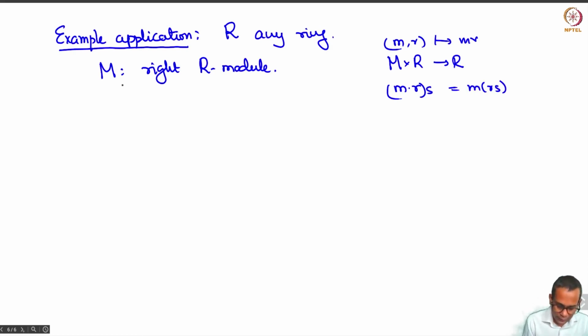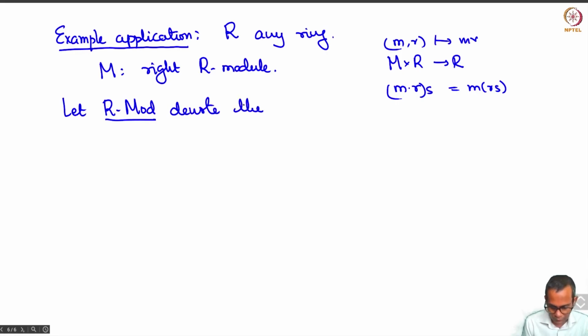So we're saying that M is a right R module, and let's consider the category of left R modules.